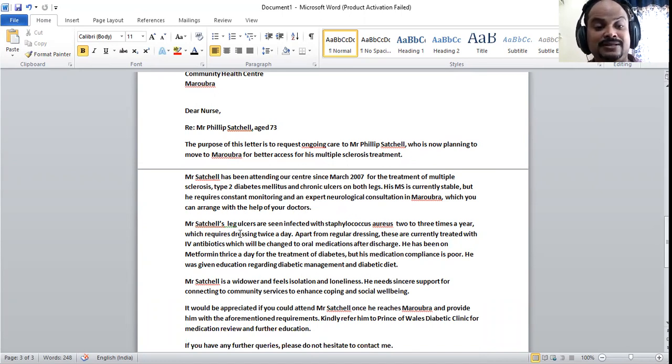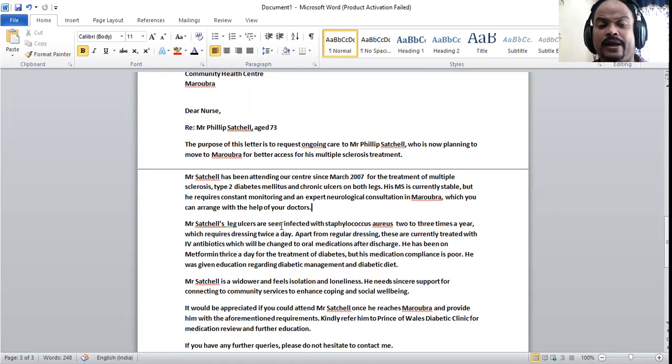Now, Mr. Satchell's leg ulcers are infected with Staphylococcus aureus. What is the cause of the infection? It is seen 2 to 3 times a year. So I feel this is okay: "are infected with" is better than "are seen infected with".